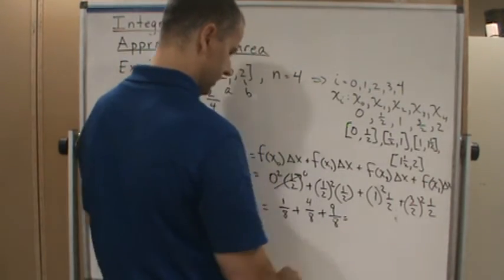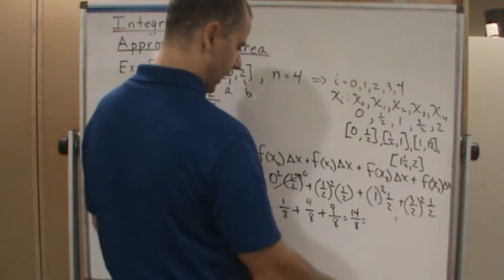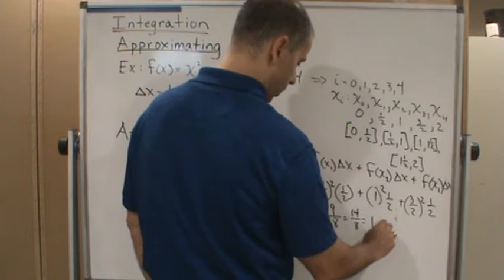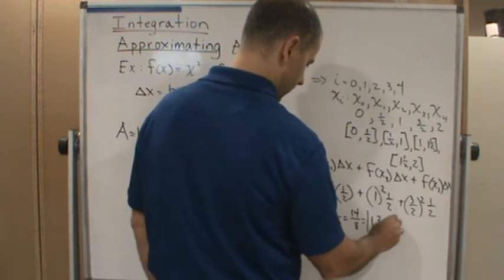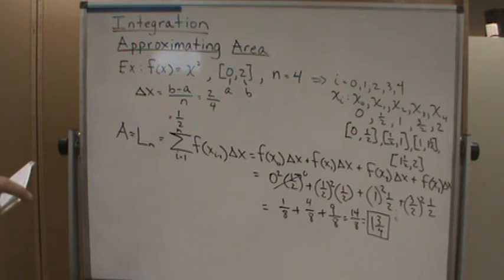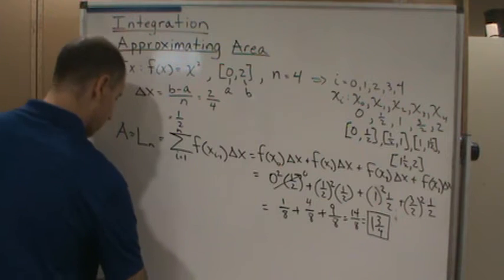Now I'm just going to add these, and I get 14/8, which is the same as 7/4, which is 1 3/4. And so that is the approximation I get. Let me see if I got that right. Yep, 1 3/4. Now keep that in mind.